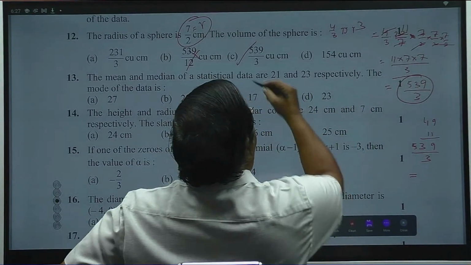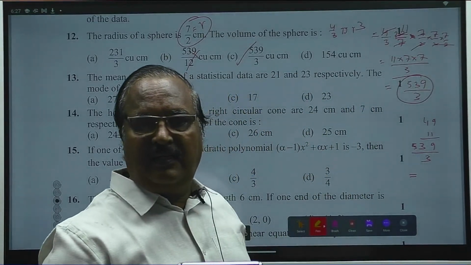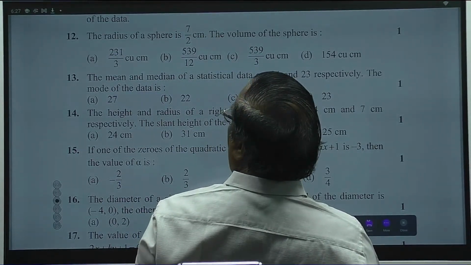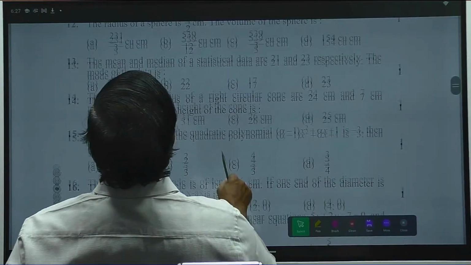Yeah, mine is correct. So now I checked my answer. I think Bhavesh also checked the answer.